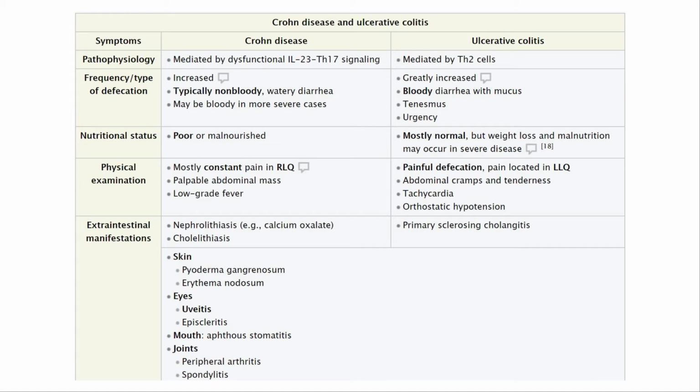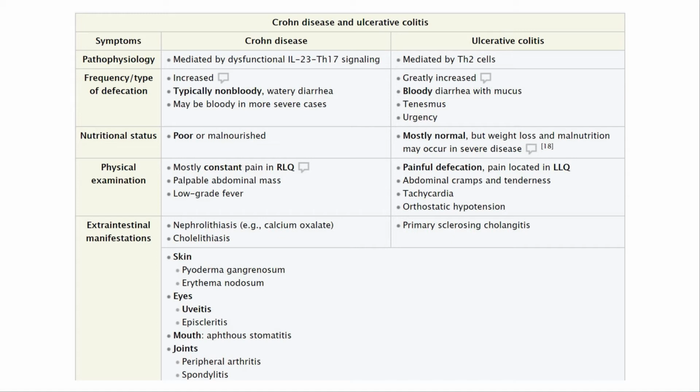Whereas in UC, you've got a really irritated rectum. You're going to be having diarrhea all the time because that fecal reflex is just firing like crazy with the irritation. And there'll be blood and mucus from that inflammatory process. And you'll never feel like you've fully emptied your rectum, and you'll get painful defecation.